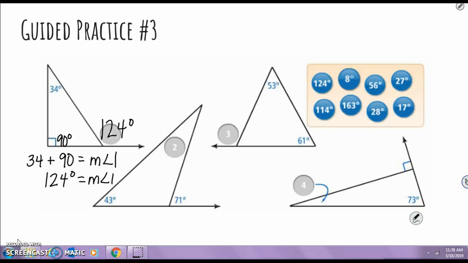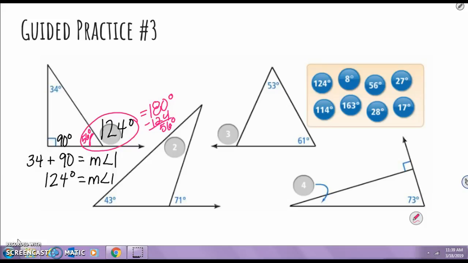I can check my solution if I figure out this missing angle measure here. I know that these 2 angles together equal 180 degrees because they form a straight angle. If I subtract 124 from 180, that will give me the missing angle measure of 56 degrees.